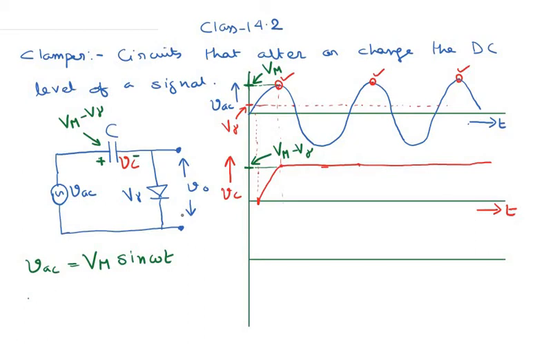So since this diode is reverse biased for most of the time duration, this output voltage V0 is just VAC minus VC, which is basically V gamma plus Vm sin omega t minus 1.